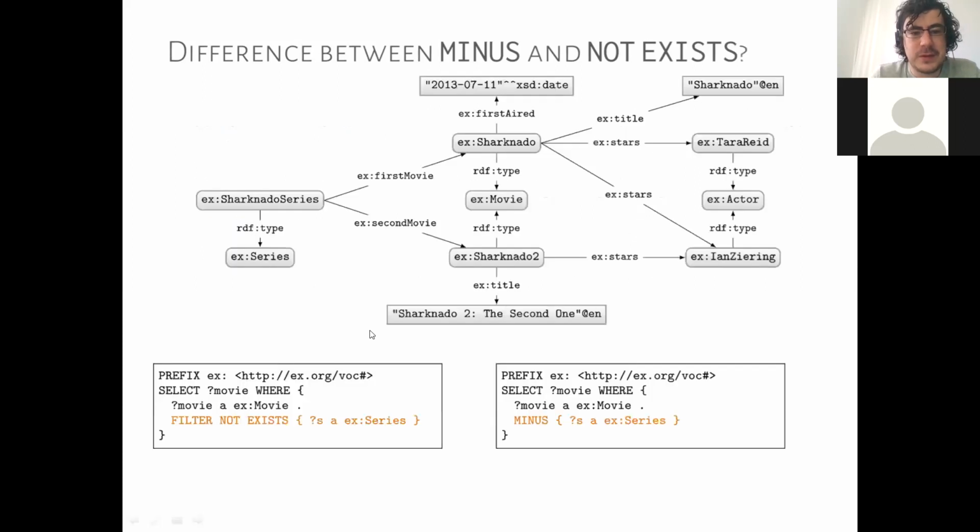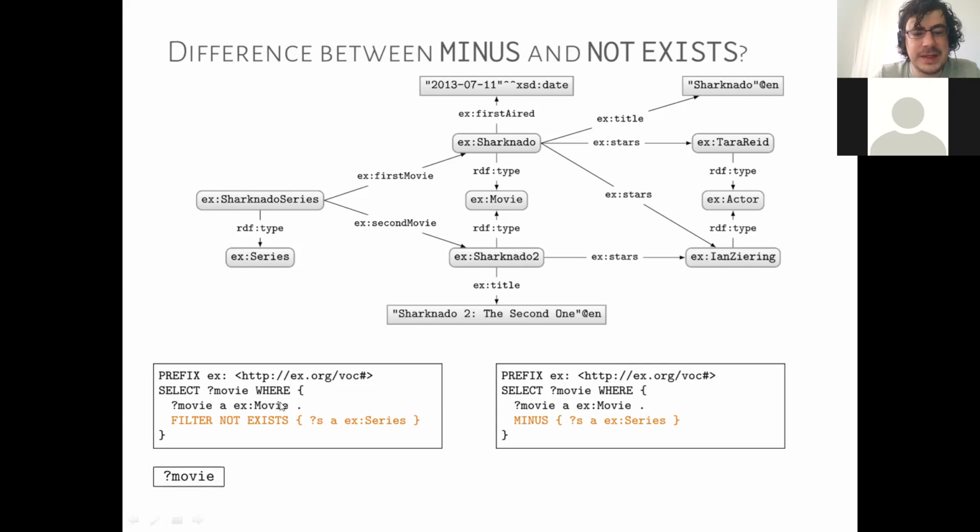If we take one query here, which is a slightly strange query, we're asking for movies such that there does not exist a series. We're using this for filter not exists, and we're using it for minus. The slightly strange thing here is that there's no variable in common between the left of the filter not exists and the right. So we see that actually these use different variables.